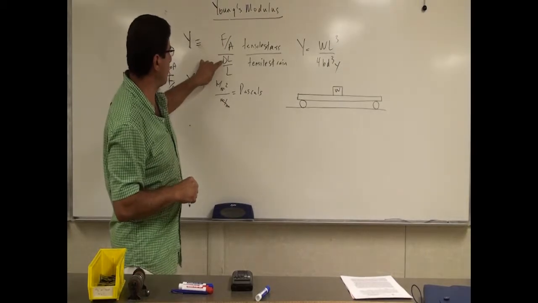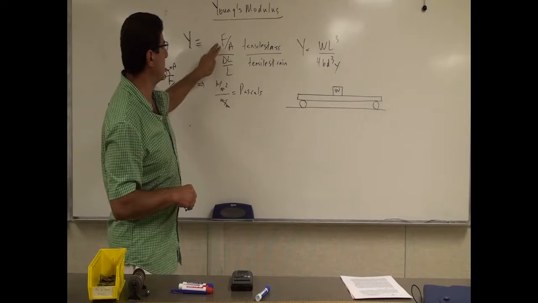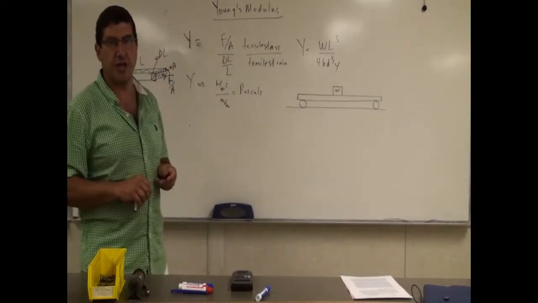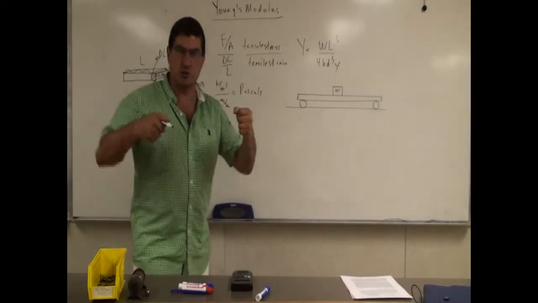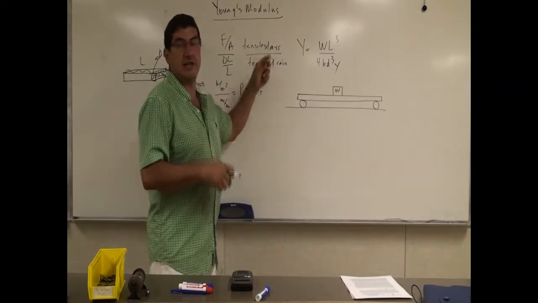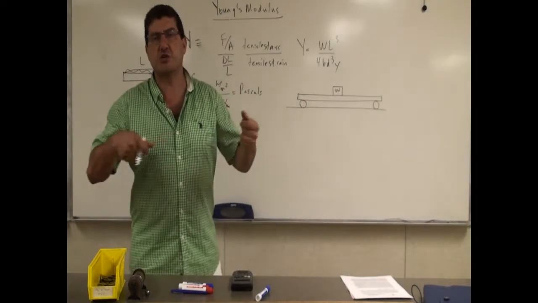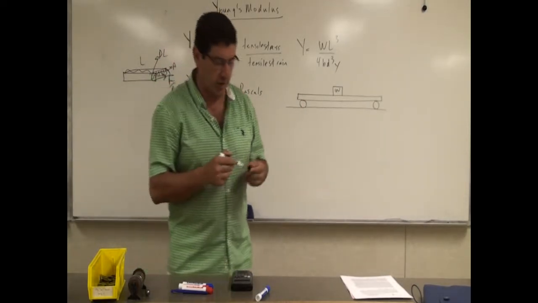So the meters are canceling there. Objects that have a strong Young's modulus can withstand a lot of stress and still not stretch or compress a lot. But all objects will eventually stretch and compress or buckle under a certain weight.